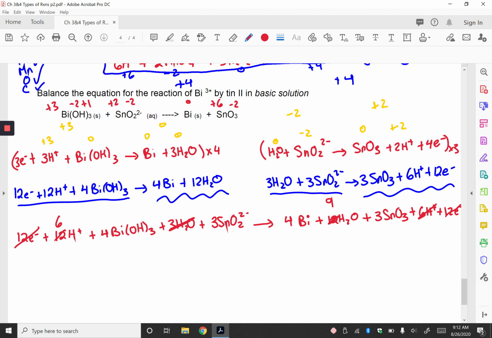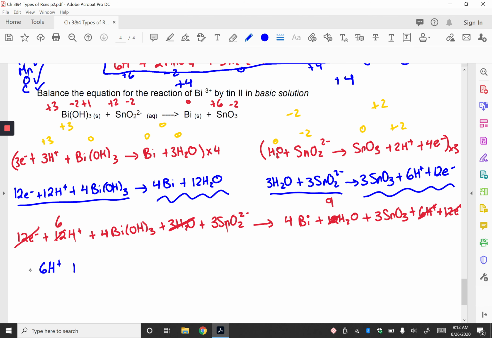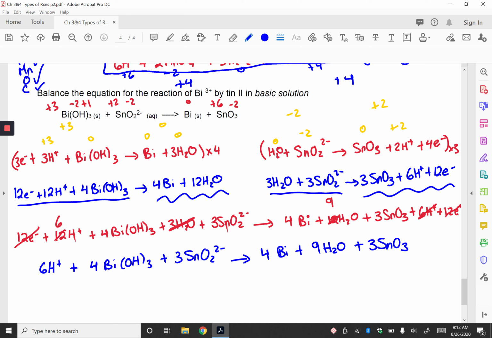All right, let's rewrite that so it looks a little bit neater. So 6H plus 4 BiOH3 plus 3 SnO2 2 minus yields 4 Bi plus 9 H2O plus 3 SnO3.